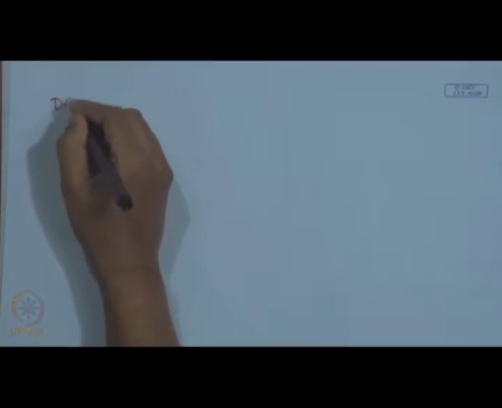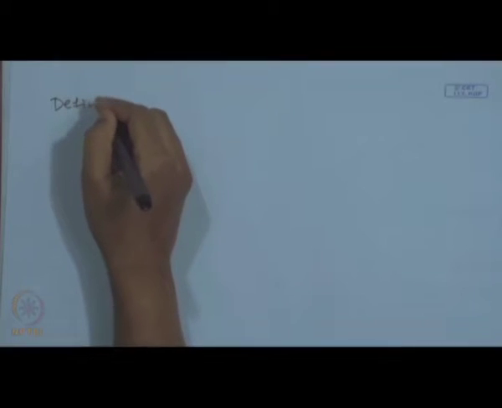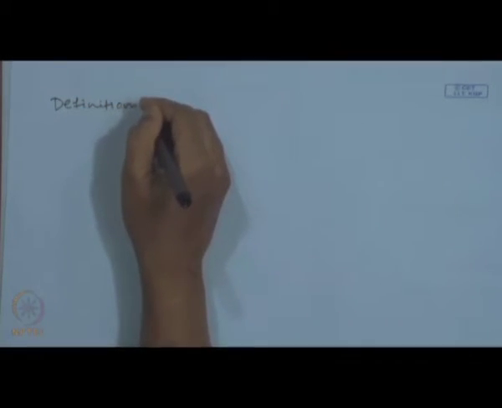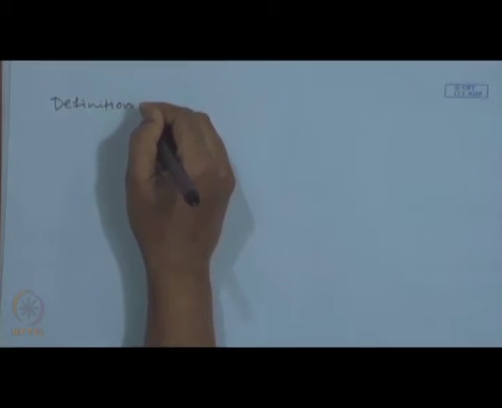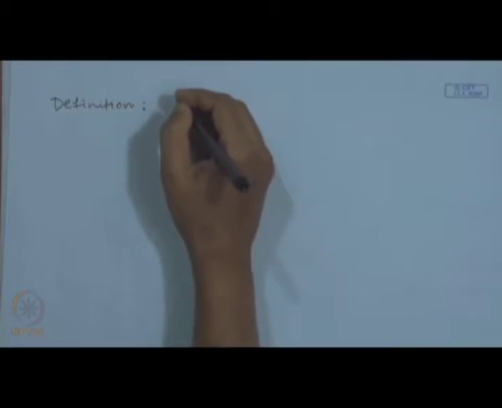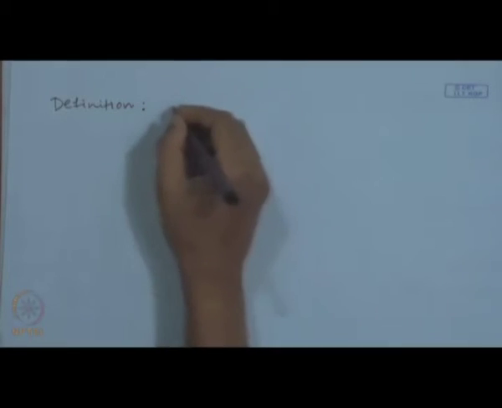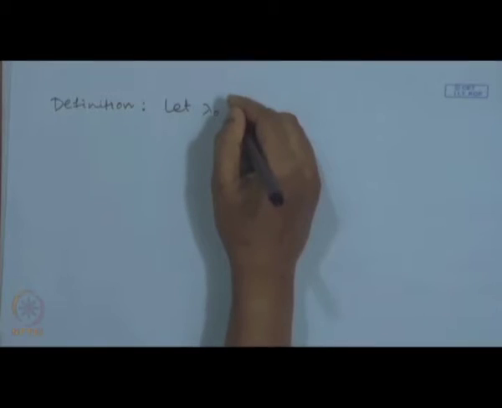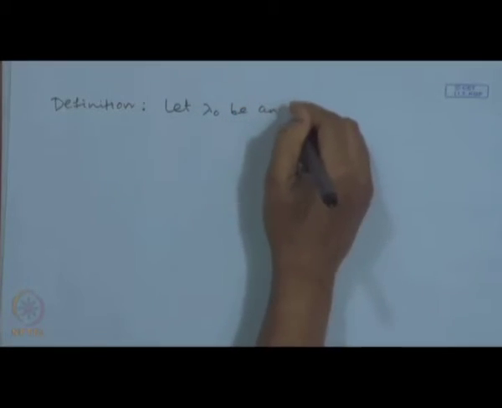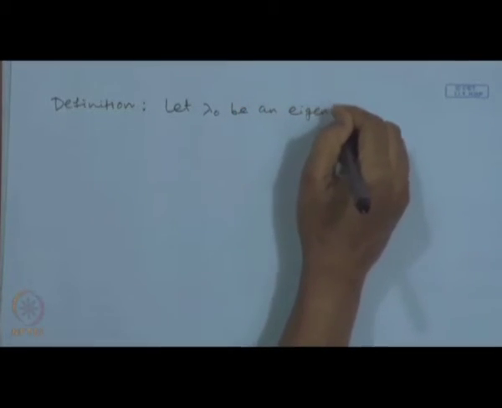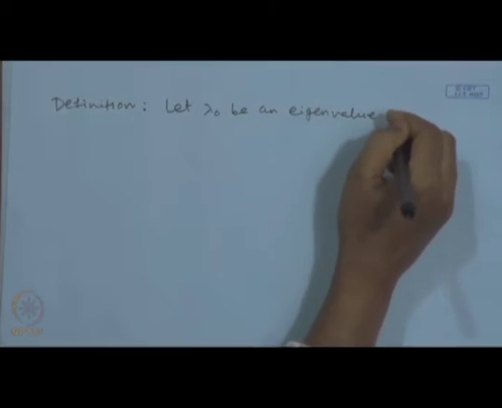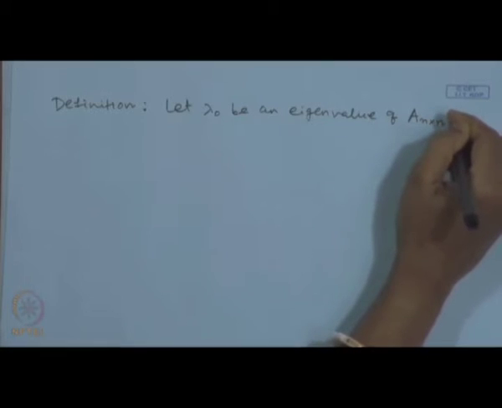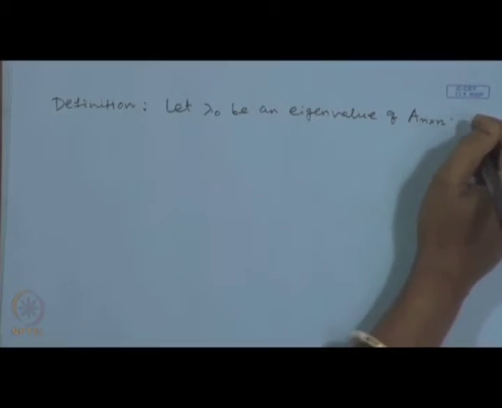Let us see the definition of multiplicity, geometric multiplicity and algebraic multiplicity of an eigenvalue. So, let lambda 0 be an eigenvalue of a matrix A of size n by n.